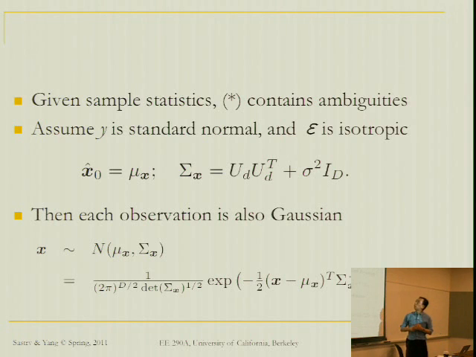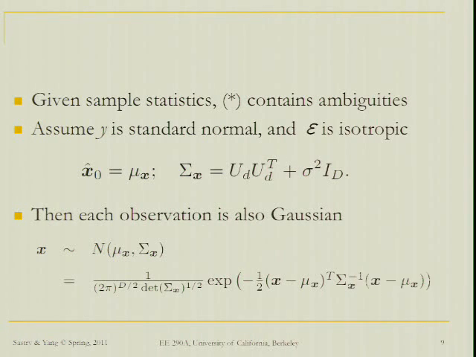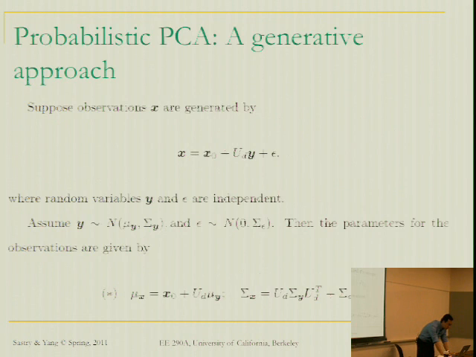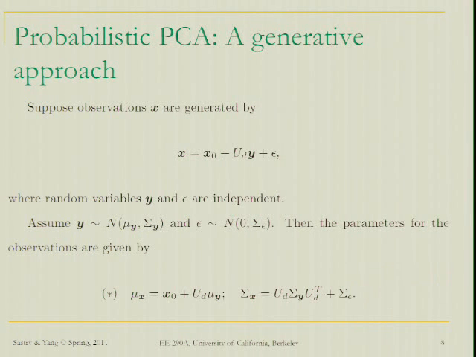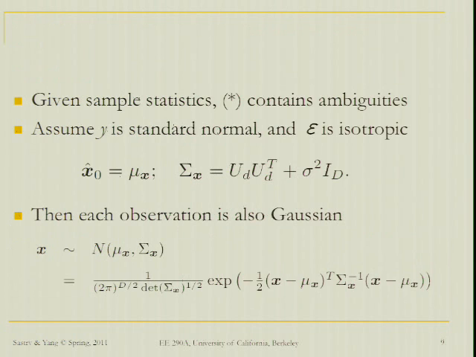So in this case, if we assume that y is standard normal and epsilon is isotropic, then we can further eliminate the terms in here. If we go back, if we assume that y is standard normal, the mean of y is equal to 0, so we eliminate this term. And second, we assume that the noise is isotropic, which means this one becomes a diagonal matrix, like the following.